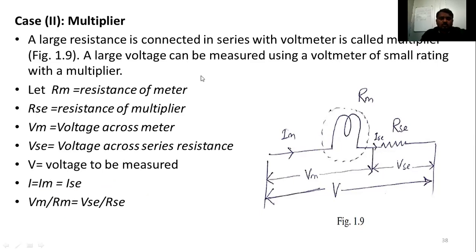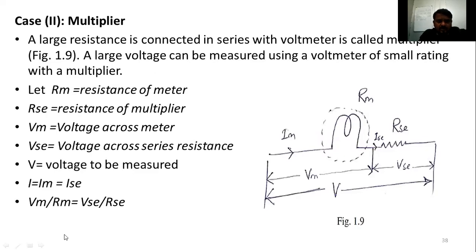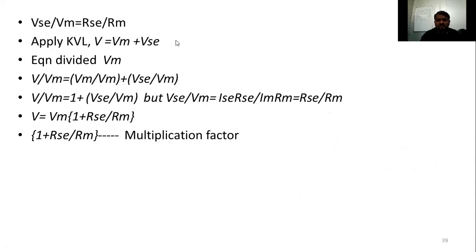Whatever formula we have used here, VM by RM equal to VSC by RSC. I will write it here: VM by RM equal to VSC divided by RSC.